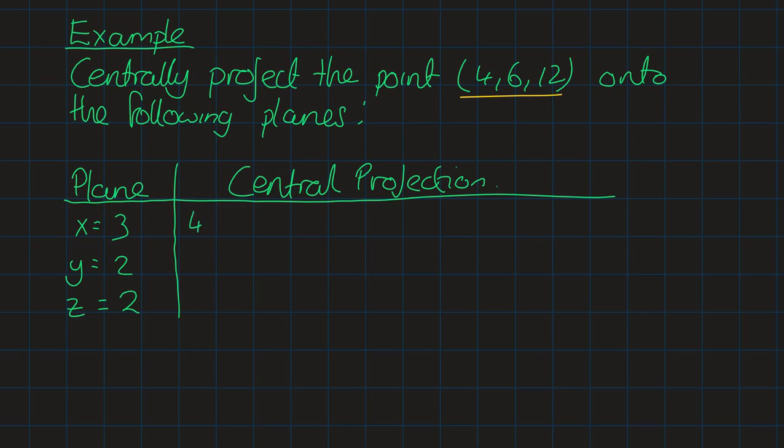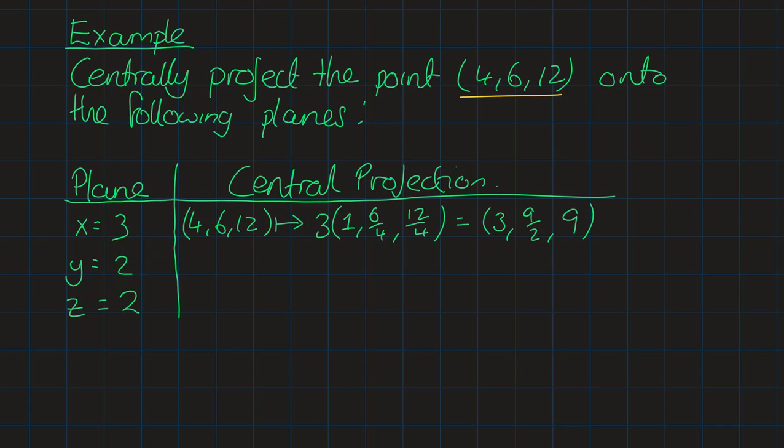So I have 4, 6, 12 gets mapped to 3 times 1, 6 over 4, 12 over 4, which is going to be equal to 3, 9 over 2, 9.